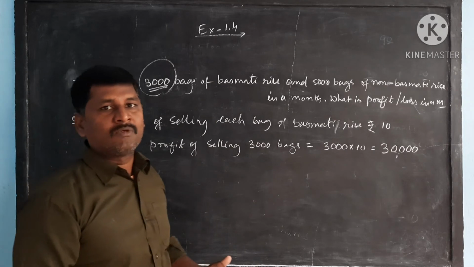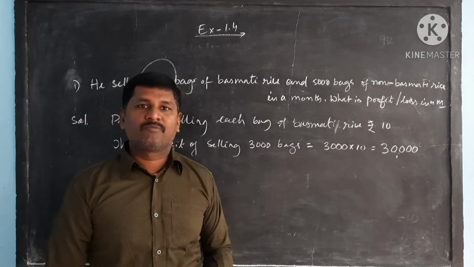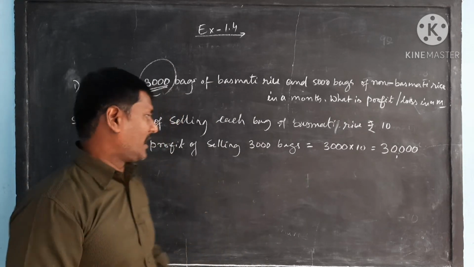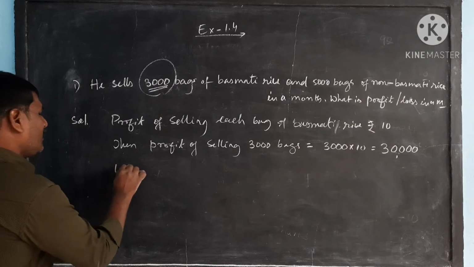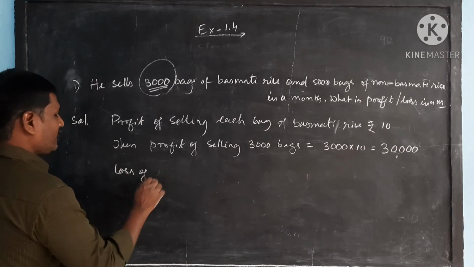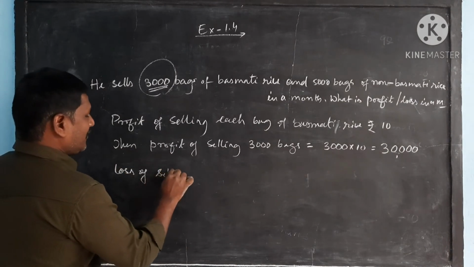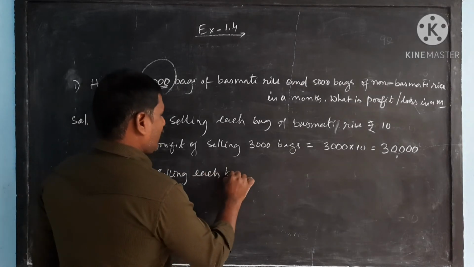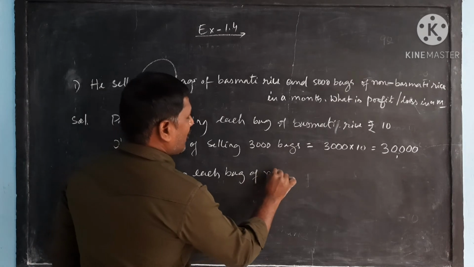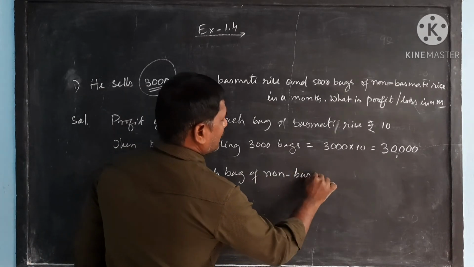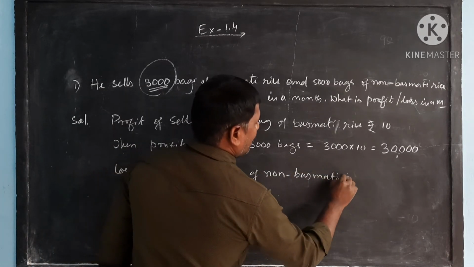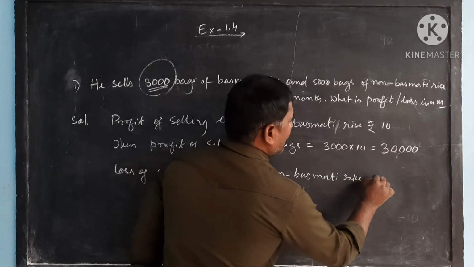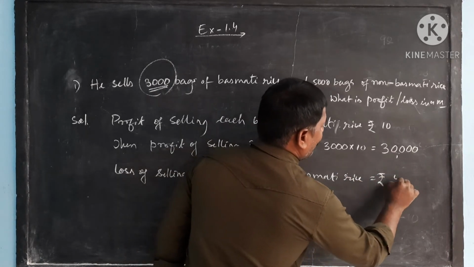At the same time, he loses 5 rupees per non-basmati rice bag. So we have to write: loss of selling each bag of non-basmati rice is equal to 5 rupees.